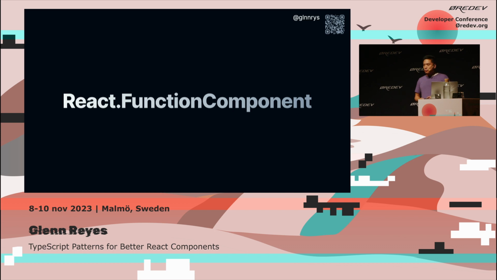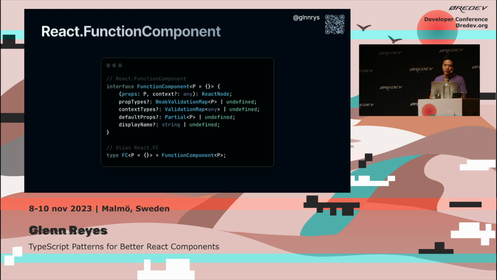Now let's talk about typing React's type of function component. What it does is attach a couple of properties to our components, which are great and useful for tooling and provide more contextual details to the component. And that was actually different in the past. I think in React 17 they used to implicitly add a children prop to the component, but that's not the case anymore today.